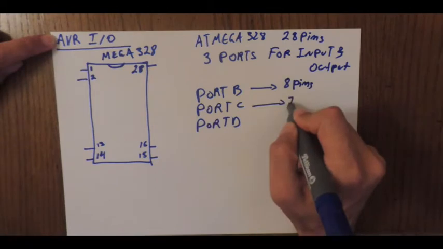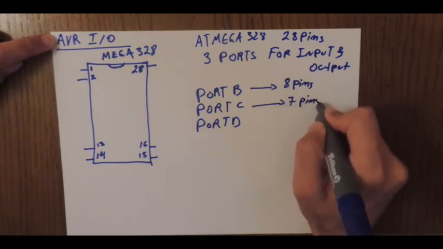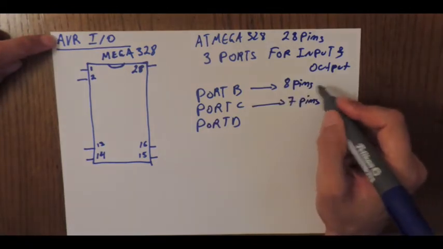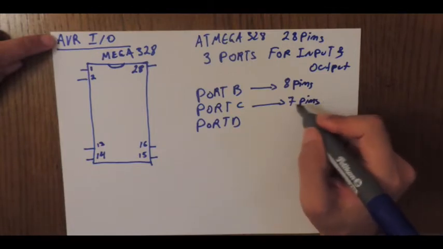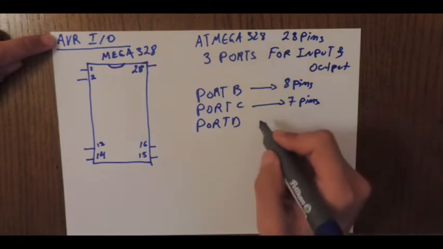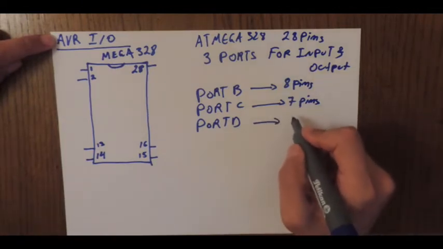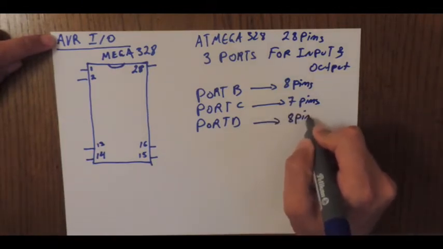Port C has 7 pins only, although the GPR and the IOs are 8 bits, so we have one unused bit here. And in port D we have also 8 pins.